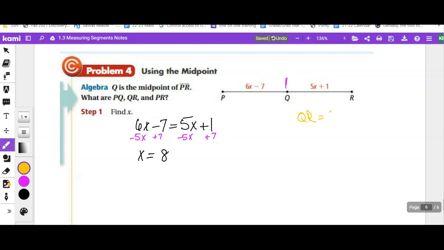So QR is equal to 5 times 8 plus 1. What's 5 times 8? That's 40 plus 1. So QR is equal to 41.